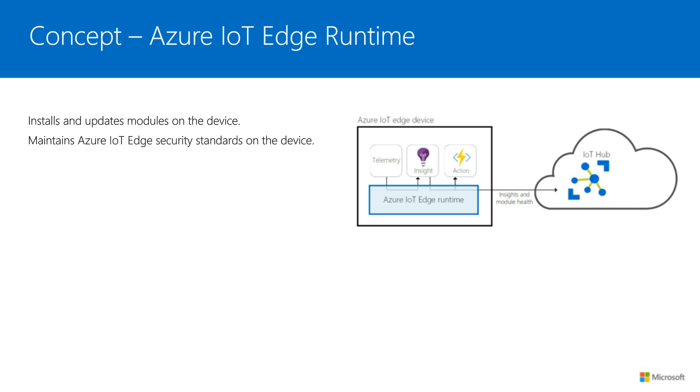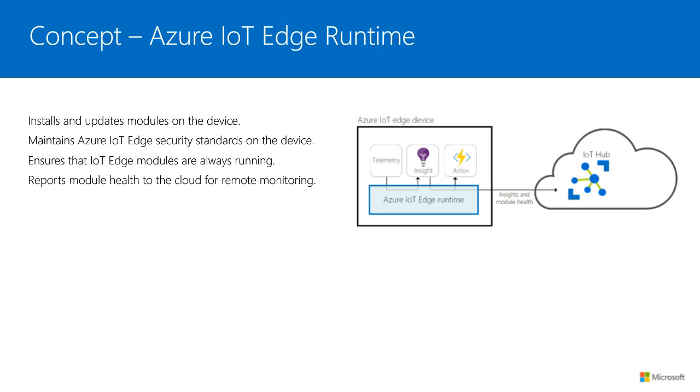It also ensures that the various modules, the various compute units, are always running. It can also report to the IoT Hub the health of each of the modules. That means you can visualize and monitor the health of your various software entities running on your Edge device in real time from the IoT Hub service.